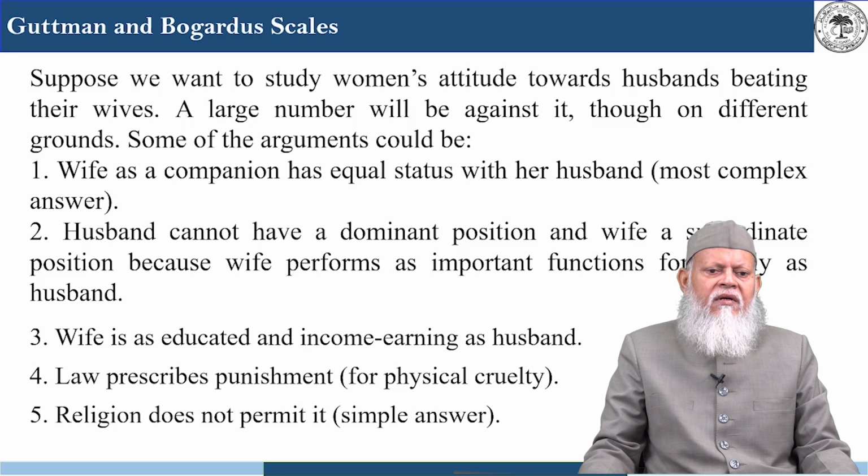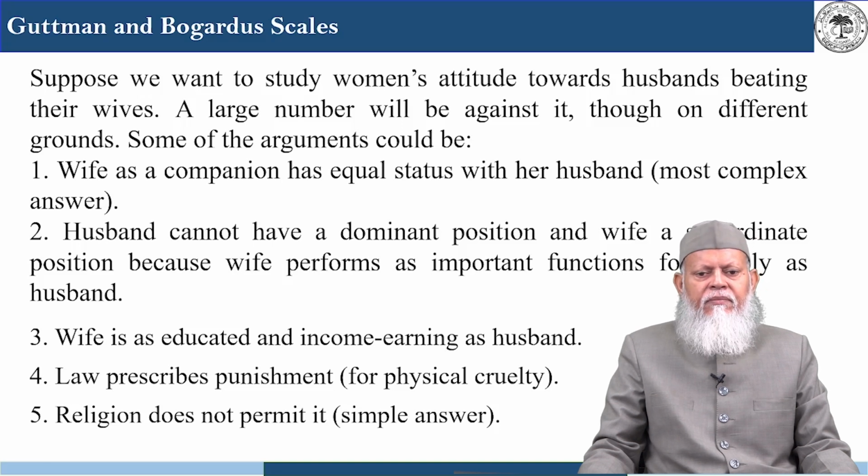And if she agrees with the second, it means she agrees with the second, third, fourth and fifth. If she agrees with the third, she agrees with the third, fourth and fifth. If she agrees with the fourth, she agrees with the fourth and fifth. And the least is the fifth, the simplest answer, that religion does not permit it.